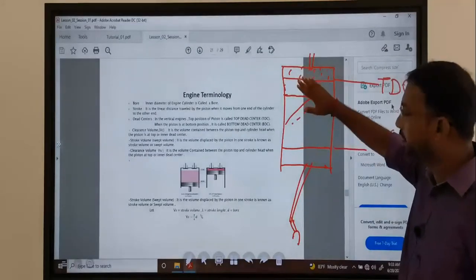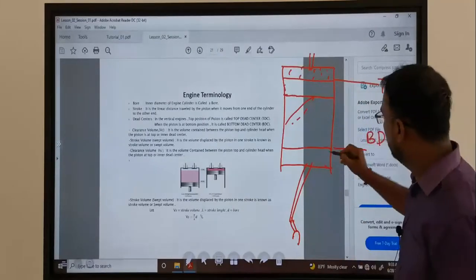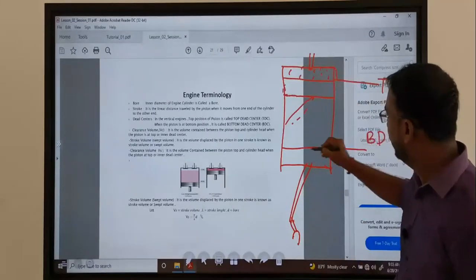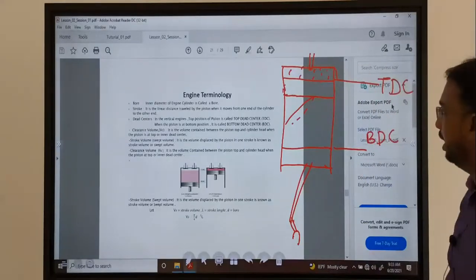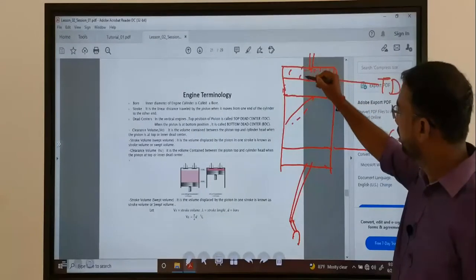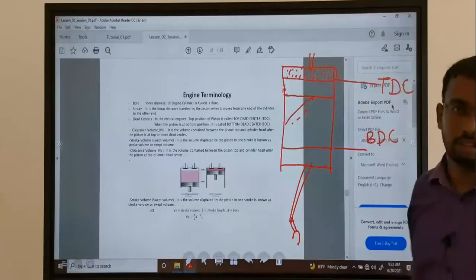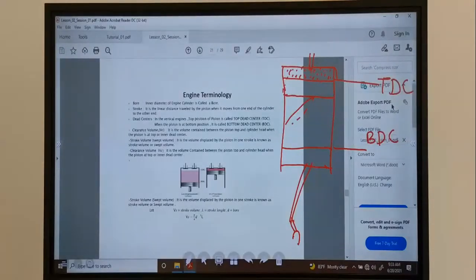Initially the air fills the whole space of this cylinder. Then after compression, the air is compressed into this small space.